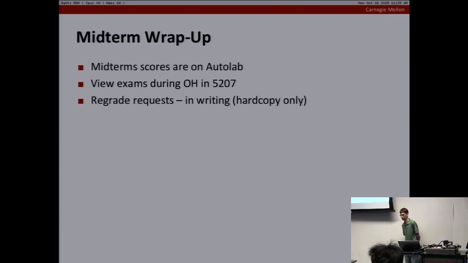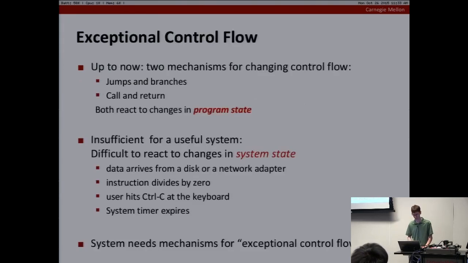If you go to his office and he's not there, you can slip it under his door. The process for that is outlined in the course syllabus too, if you want to read it there. But it needs to be a hard copy written request, and that is even if you've already emailed the staff list or if you talk to a TA after your exam, you should still make sure you do that so that we are able to process your request.